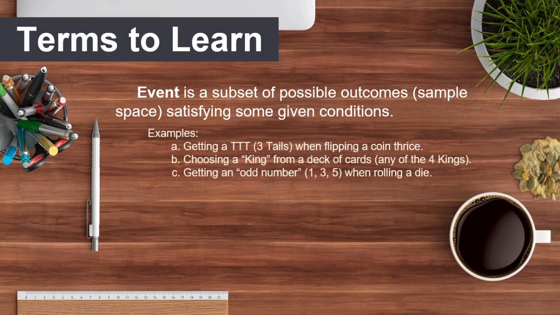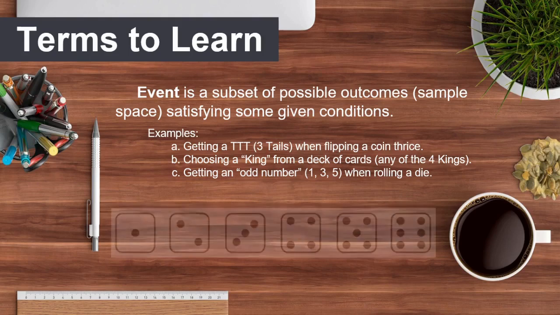So for example, our condition is to get 3 tails when flipping a coin thrice, or choosing a king from a deck of cards, so any of those 4 kings, or getting an odd number when rolling a die. So again, the difference here is we have a certain condition. And then we list down the possible outcomes that will satisfy that condition. Okay?